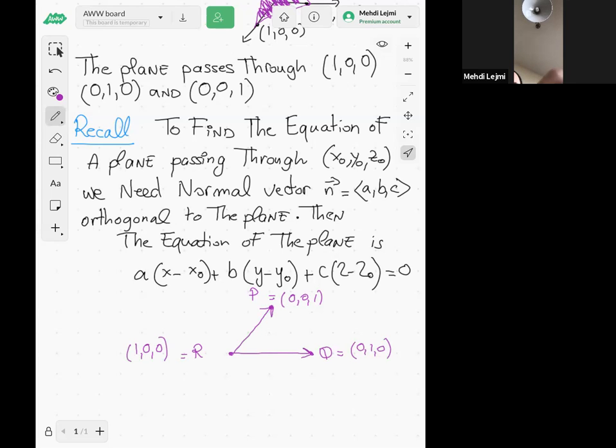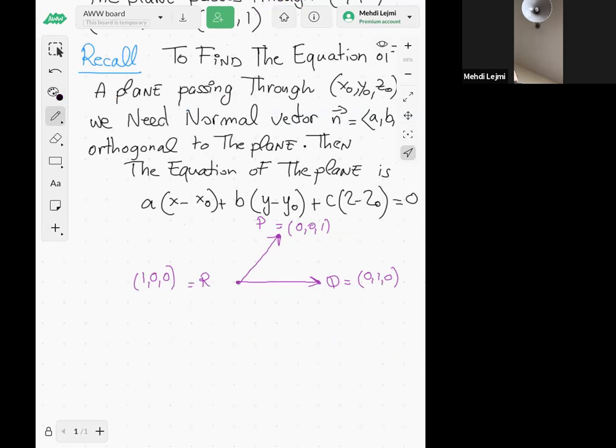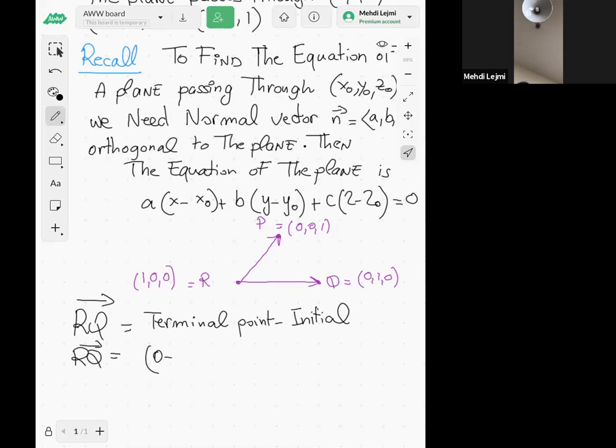Okay, so then the vector RQ would be, you take the terminal point minus the initial point, right? Terminal minus the initial. So in this case, the vector RQ would be 0 minus 1, 1 minus 0, and 0 minus 0.